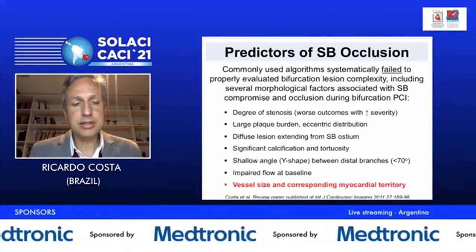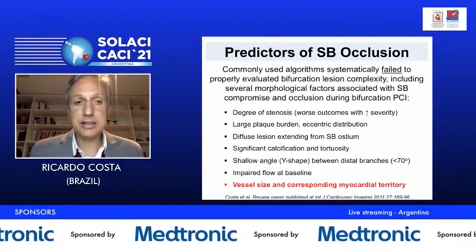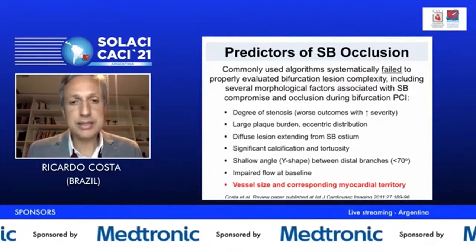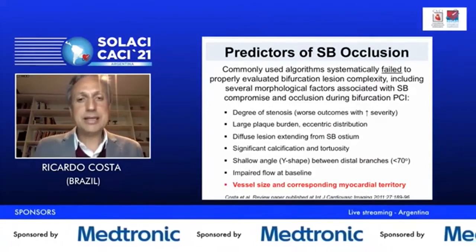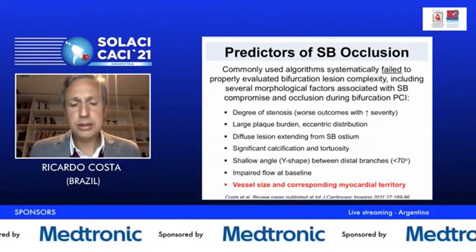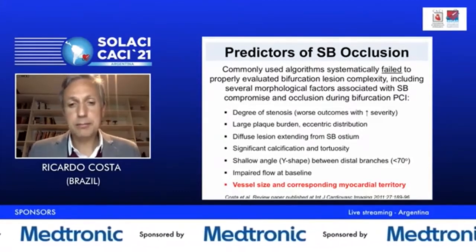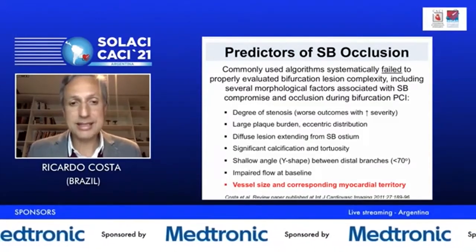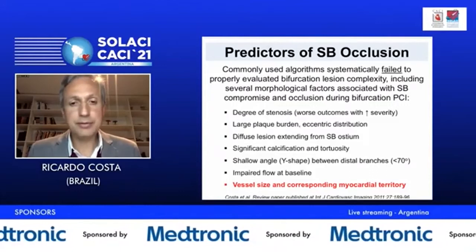There are some predictors that we need to consider: the degree of stenosis, the large plaque burden and eccentric distribution, significant calcification, and tortuosity. With a larger angle there is a lower chance of occlusion, but it is more difficult to access.